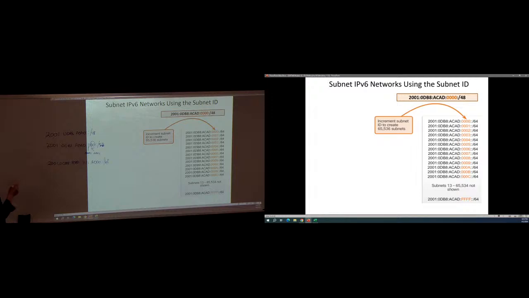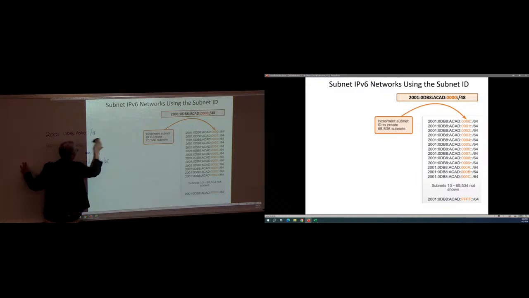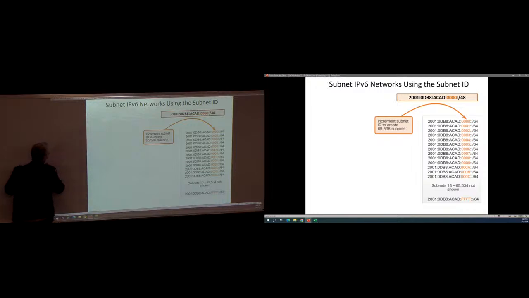They could say, I'm going to give you a /68, and then you're going to subnet in the 5th hextet. That could happen. Here, we just want to learn how to use the 4th hextet. Face that if it ever happens in the field. If you get good at the 4th hextet, you can do any of them. It doesn't matter. You're just looking at the network bits and listening to what the ISP tells us.